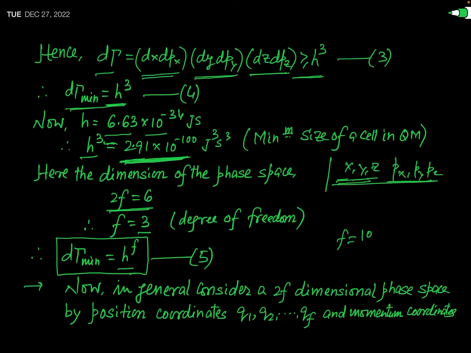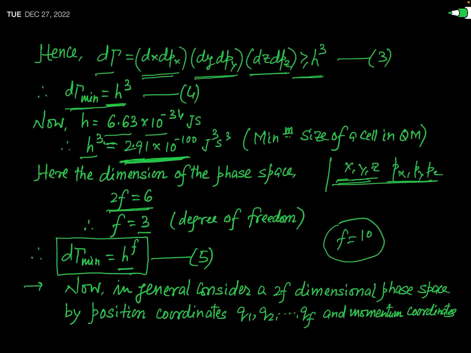So actually the minimum size of a phase cell, or the minimum volume of a quantum state, depends on the degree of freedom of our system.